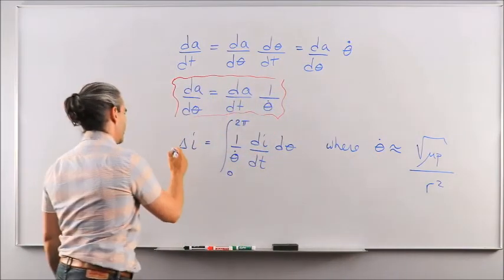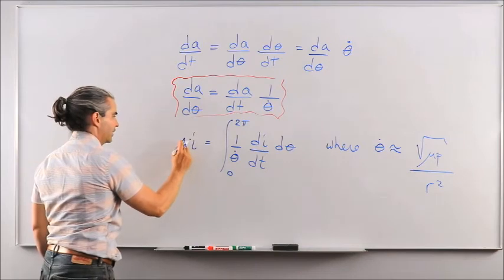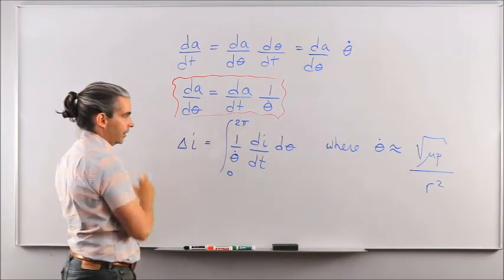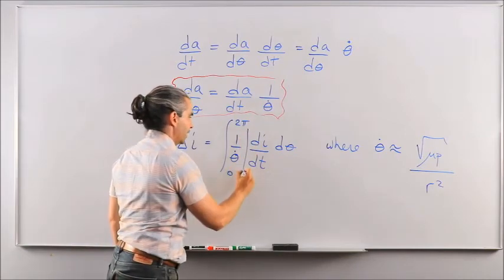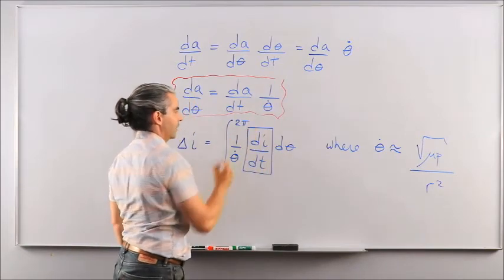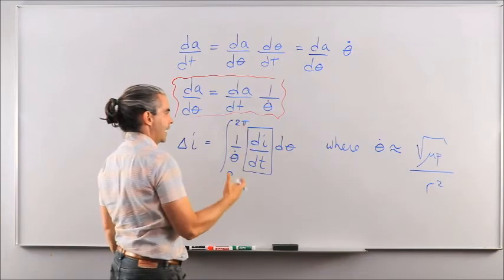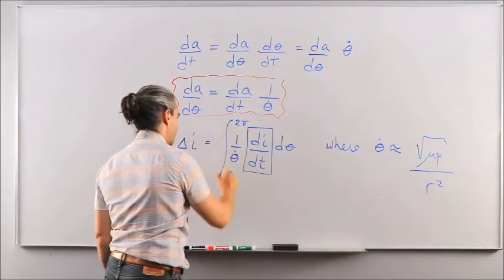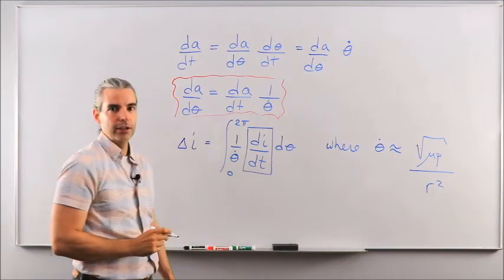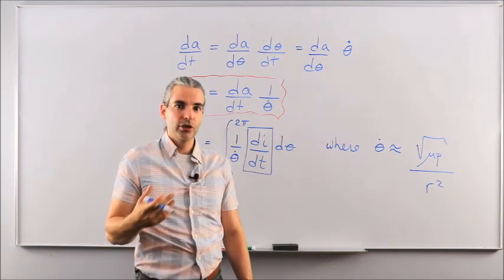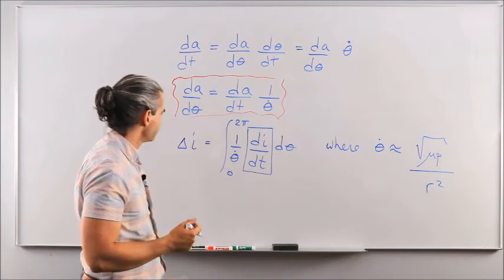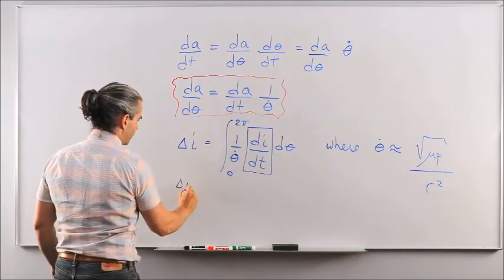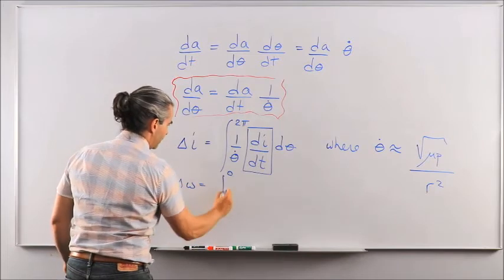So coming back to our discussion on secular variation, if you want, say, secular variation in inclination, you use the expression I gave you for the GVE for inclination, divide that by theta dot, where theta dot is this, and then do the integral from 0 to 2 pi over the integrating variable, which is true anomaly. Okay? And the process is the same for the other orbital elements, obviously.